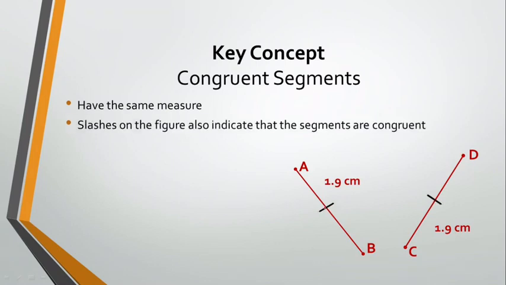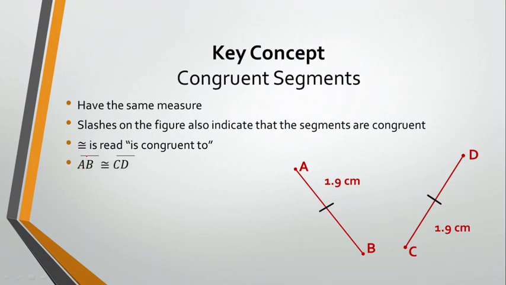If there are slashes on the shape that are the same numbers, if this has one black slash and this has one black slash, this means that they are congruent even if the 1.9 is not here. This is the symbol, an equal sign with a tilde on top of it, is read is congruent to. This is the congruency symbol that we use, and we use a lot of symbols in geometry.